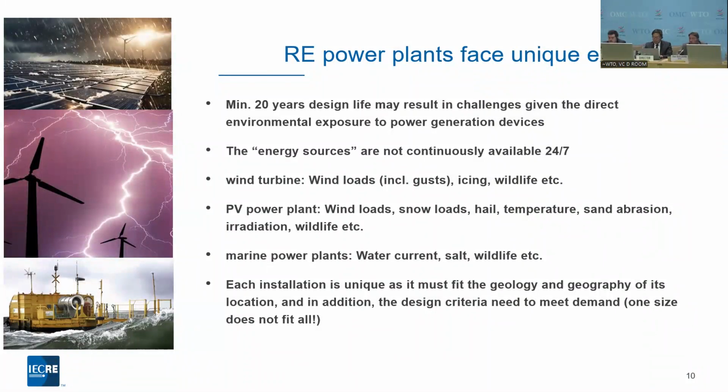Of course, wind turbines are subject to wind gusts, icing, wildlife, things like that. So they're tested and designed to sustain those conditions for 20 years. PV power plants, there's issues with winds. Winds can take down these PV power plants.